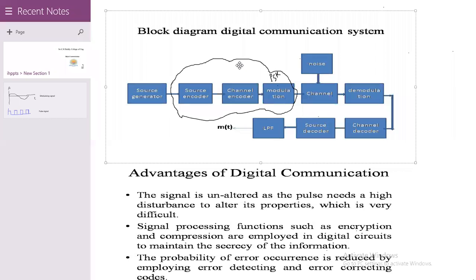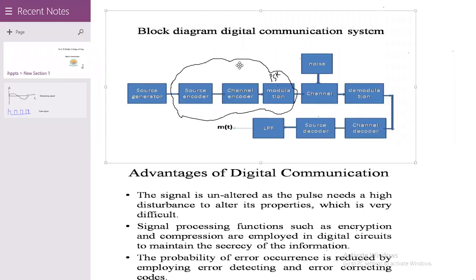Here we can use pulse code modulation and delta modulation to convert the analog signal into digital signals. We can achieve the digital signal in both cases. The two methods follow sampling and quantization.